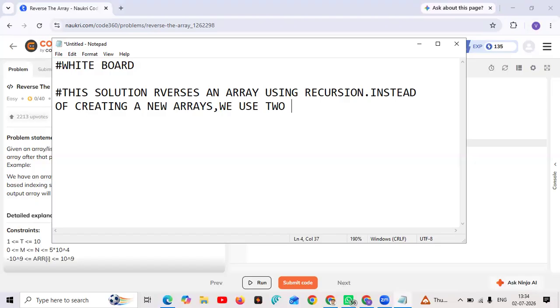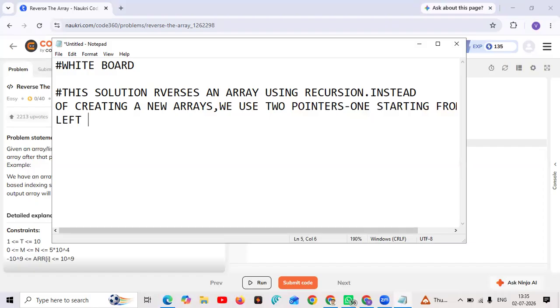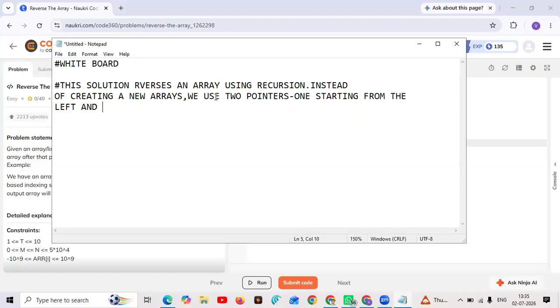So we use the two pointers approach. We just want to use these two pointers, one starting from the left and one from the right.